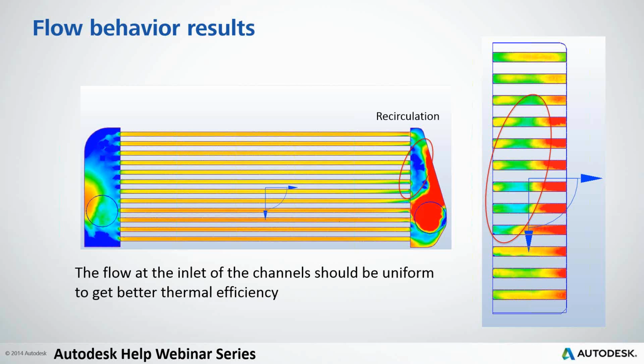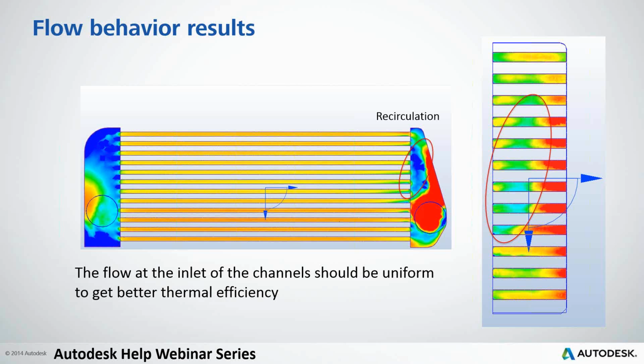Where it's really a problem in this case is the heat transfer, because to have a high thermal efficiency inside the channels of the heat exchanger, you have to get a more uniform inflow.